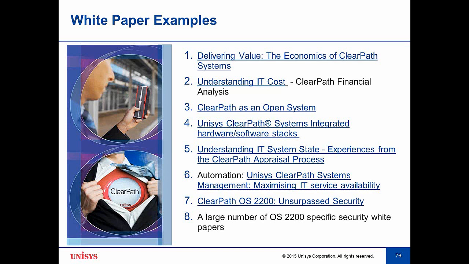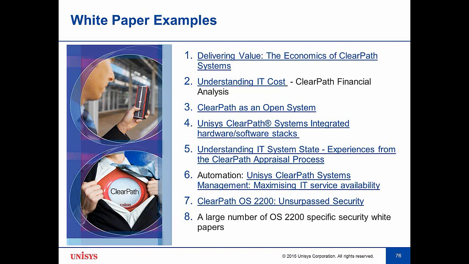I think it's fantastic, and Glenn Newton wrote it. I call it pure poetry, but actually Glenn has written 9 OS 2200 security white papers. I highly recommend them. These are technical papers, and I think we are very lucky to have this kind of set of security white papers, and also all the other white papers.